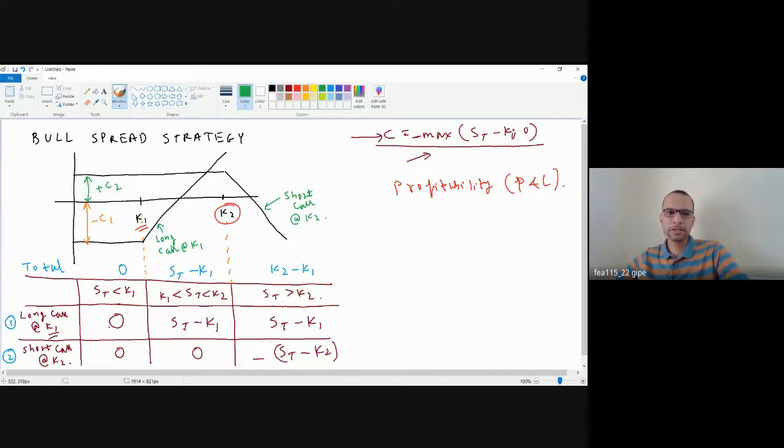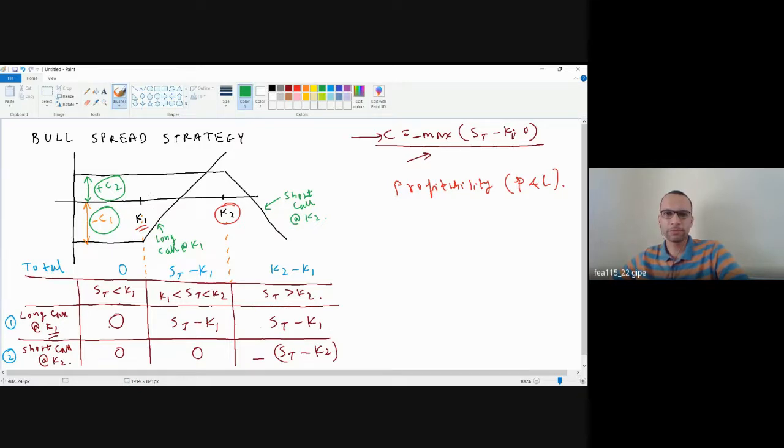Now, if I just transact something at K1, I don't really bother about K2, then I will only do an outflow of minus C1. But in order to rationalize my premium outflows, I would like to also sell an option at K2 so that I get an inflow of premium which is plus C2. And that way, the net premium outflow which is happening, that will come down for me. And that is the reason why I do something at K2 as well. I don't just purchase the option at K1.